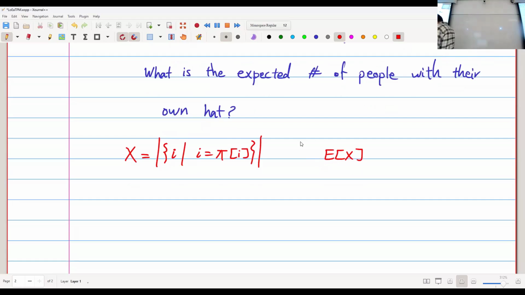Now, again, I can go to the definition of expected value, right? So I can ask, how many permutations have 0 fixed points? This is exactly the set of derangements, and we know how to count derangements, right? But counting derangements was actually quite hard.